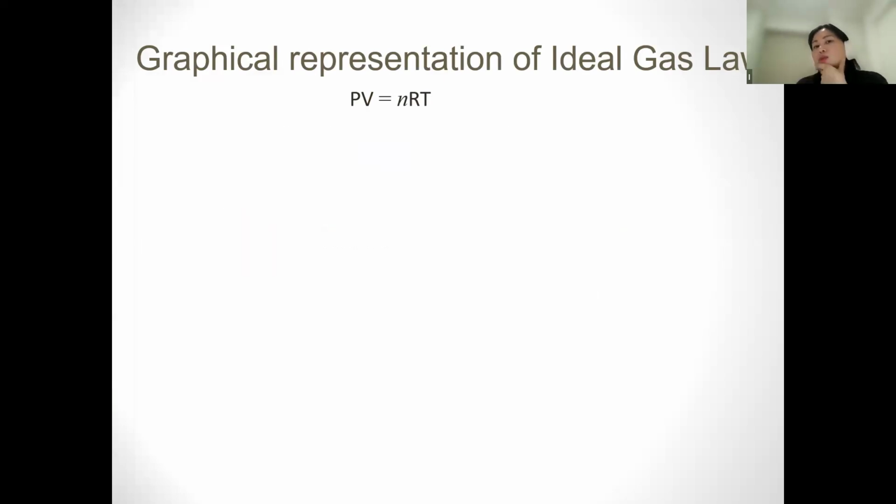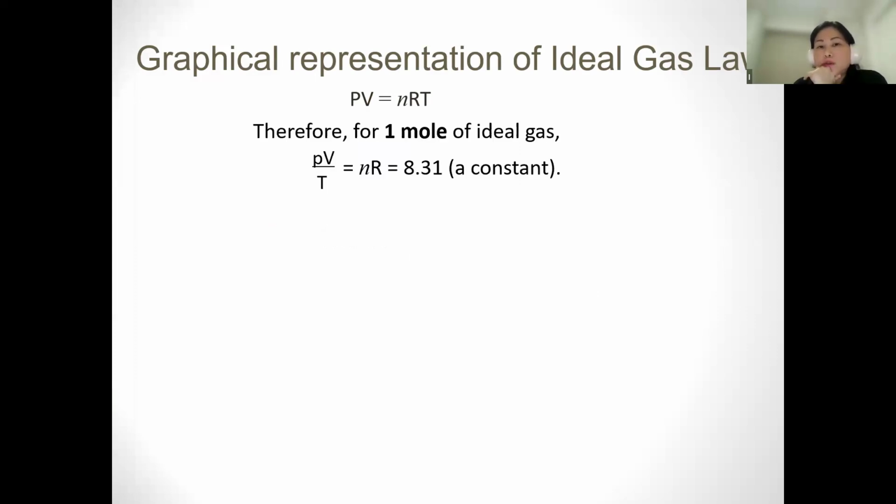Okay, so now let's try to plot a graph and look at the different types of graph. If I'm going to plot one for 1 mole of gas, so N is 1, and I shift the T over, so PV over T equals nR. N is 1, R is 8.31.